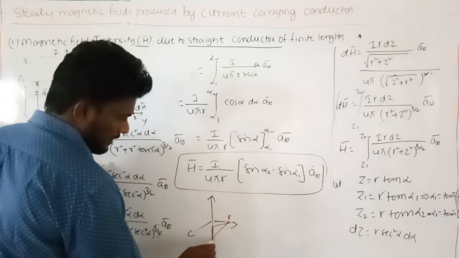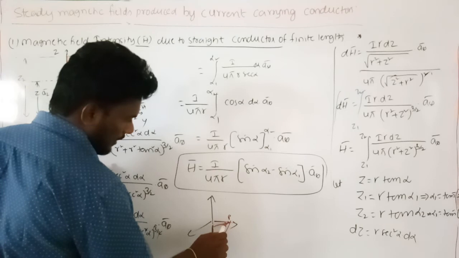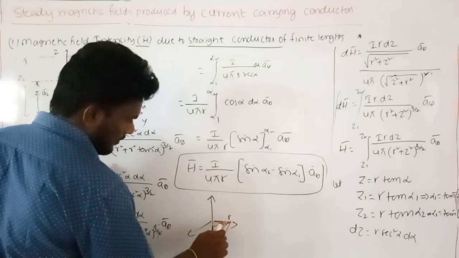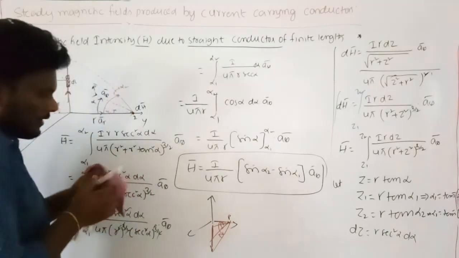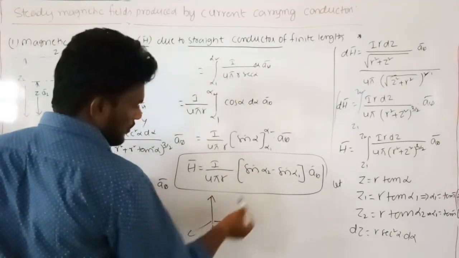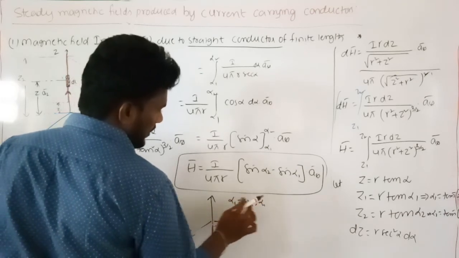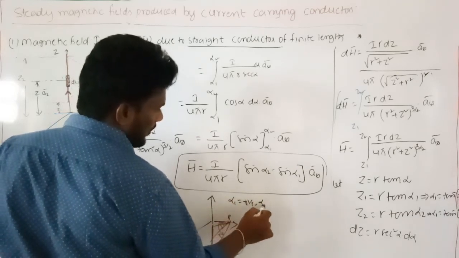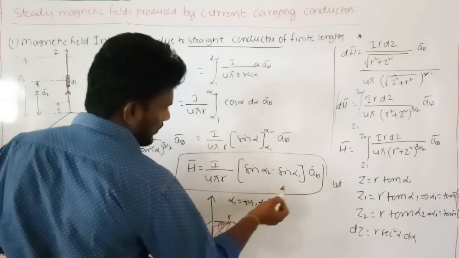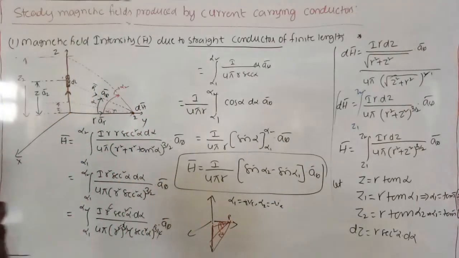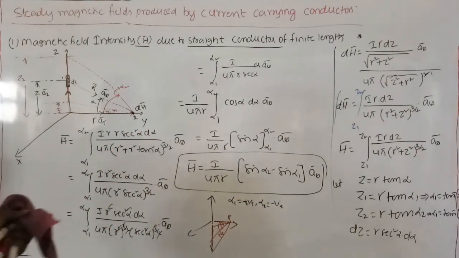In such a case, you consider alpha 1 and alpha 2. Here you use the same formula, but you take alpha 1 as a negative value and alpha 2 is also a negative value. Use the same formula, you just use the negative signs, that's it.